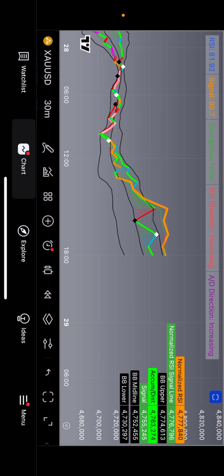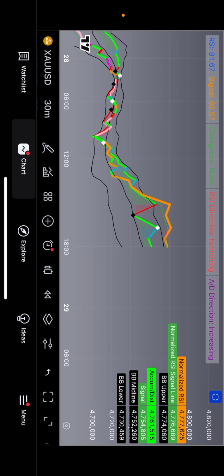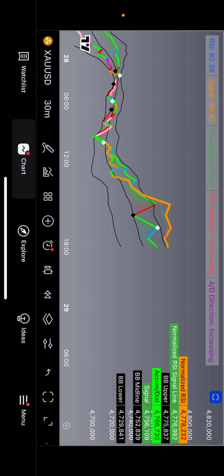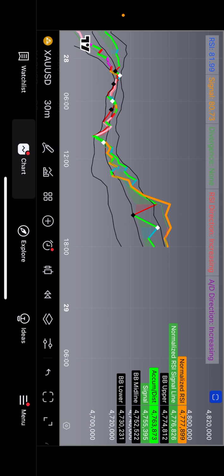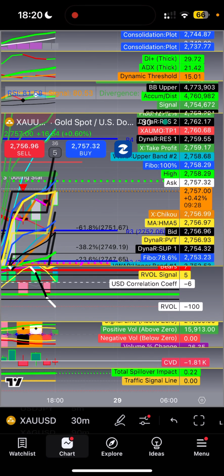The RSI is 82%, the signal is 80, and the accumulation distribution is increasing, but it's almost at the upper band of the Bollinger Band, which should be retracing. This is something you should be looking forward to watch: either a reversal, if we have strong volume happening here.